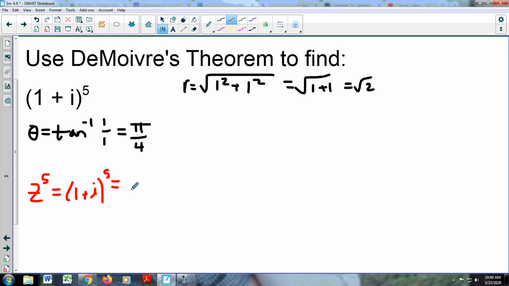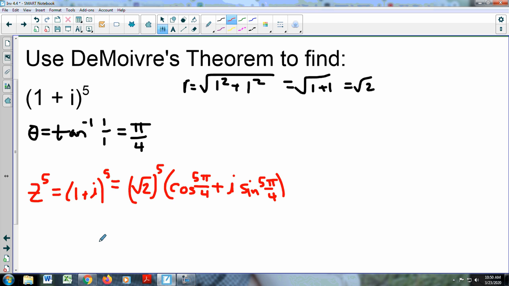This is equal to square root of 2 to the 5th times cosine of 5 pi over 4 plus i sine 5 pi over 4.